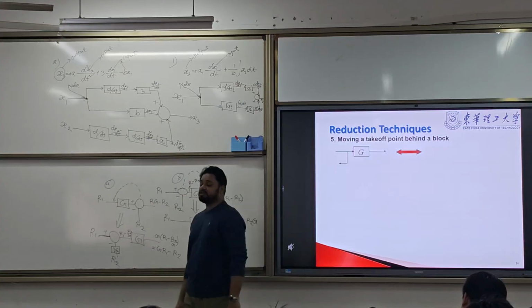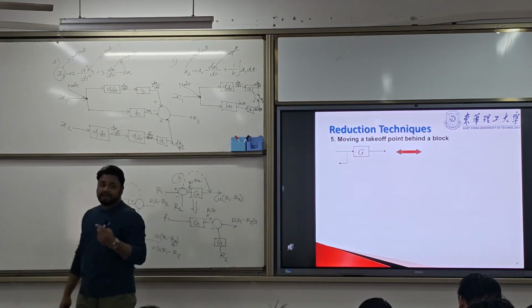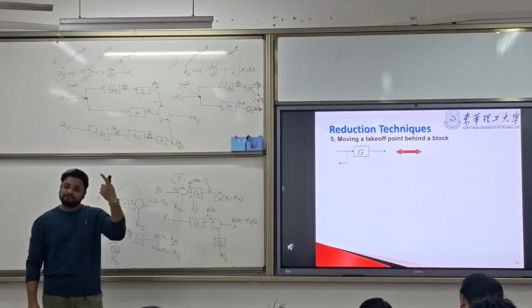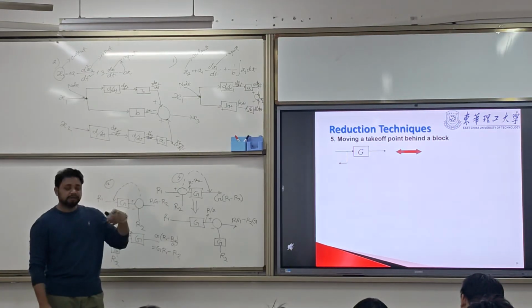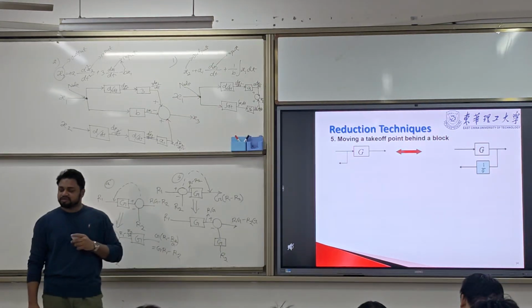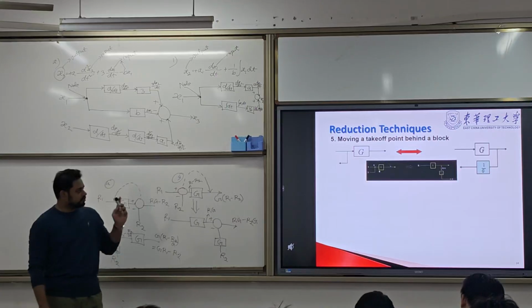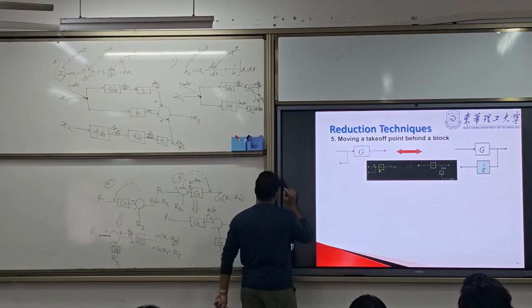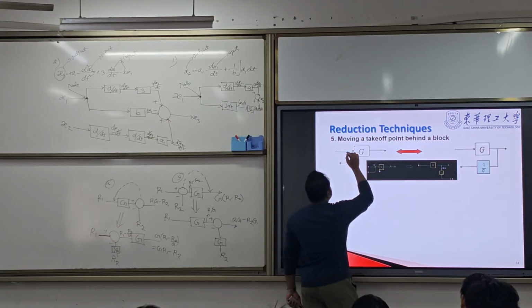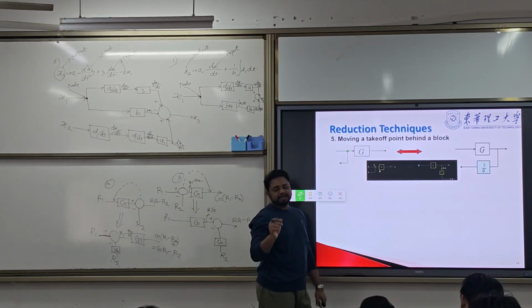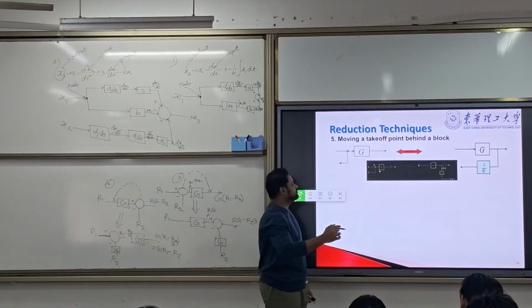Alright, now the next one is if we want to move a takeoff point after a block. Behind means after a block. Here, we just need to multiply with 1 by g. How and why? Look, here is an example. Here we have a takeoff point. This takeoff point will have the same output.